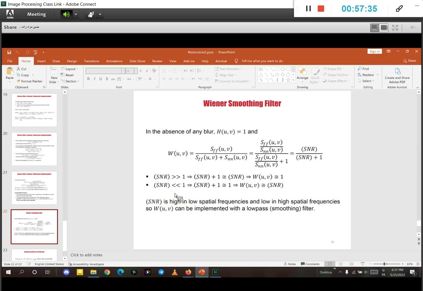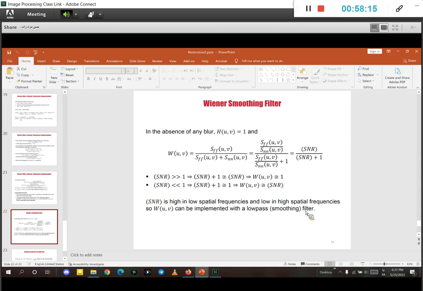SNR is high in low spatial frequencies. For example, when your camera isn't moving, that means low spatial frequencies. If you have a constant camera, this is low spatial frequencies, and low in high spatial frequencies.